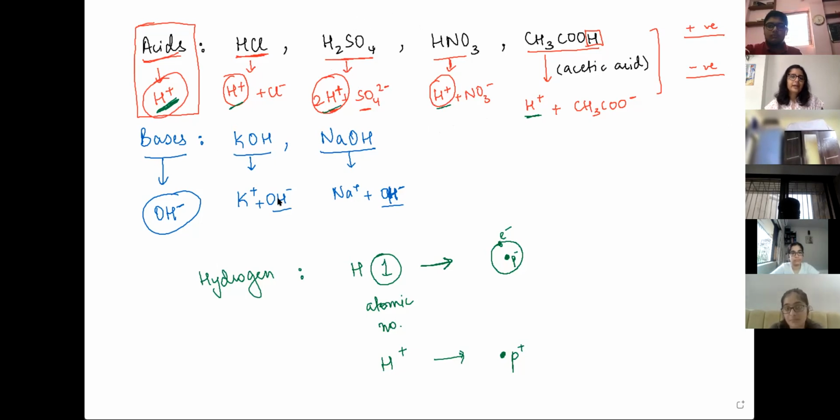Okay, but yeah, this ionization is very, very important. It will help you in figuring out how reactions take place and how to predict the products of it. So the first set of reactions is a reaction of acid plus metal.